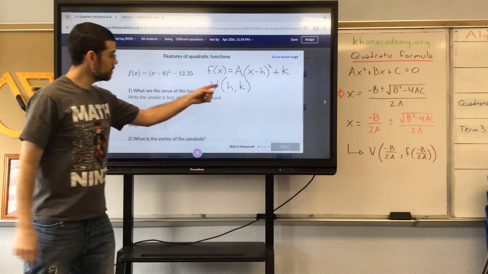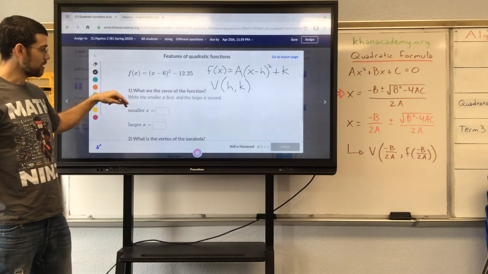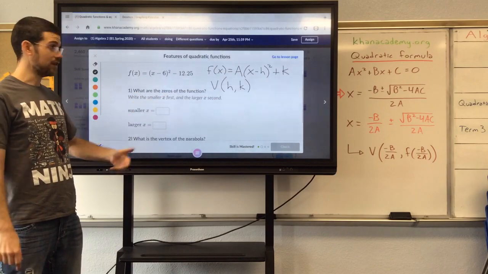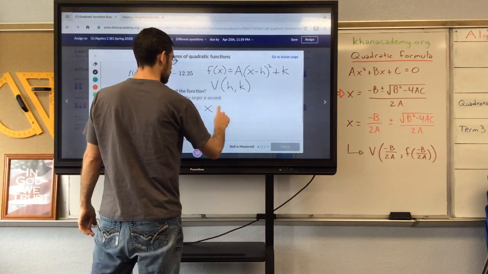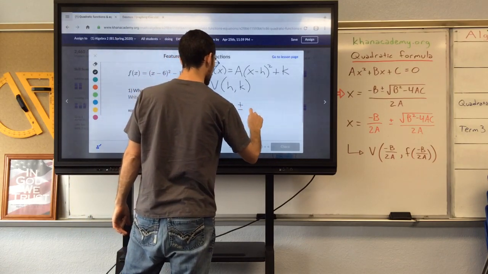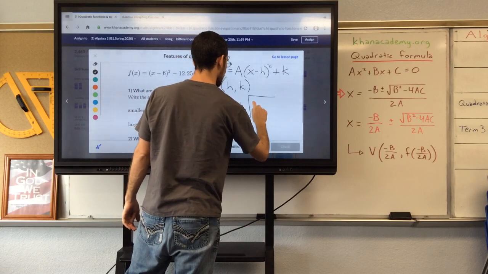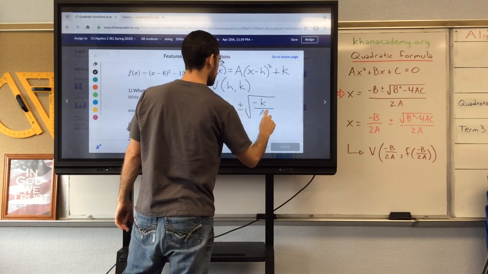Now, we can use h and k to find the x-coordinates of our zeros, that is our x-intercepts. Here's how. X will equal h plus or minus the square root of negative k over a.